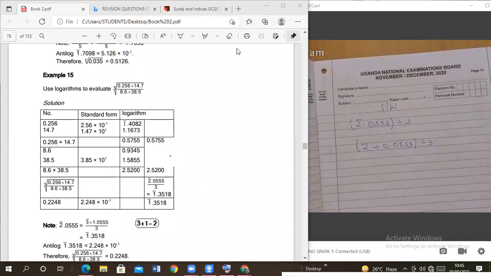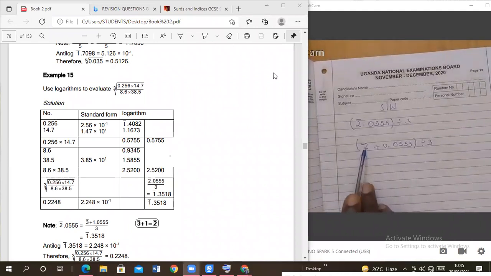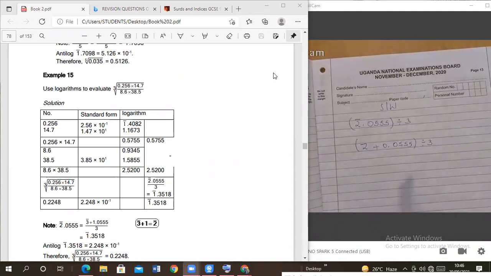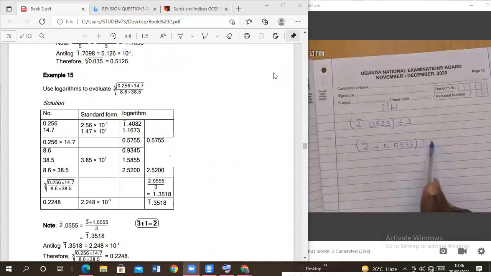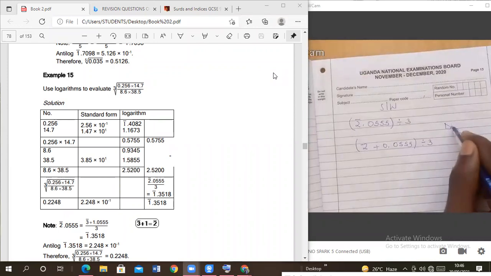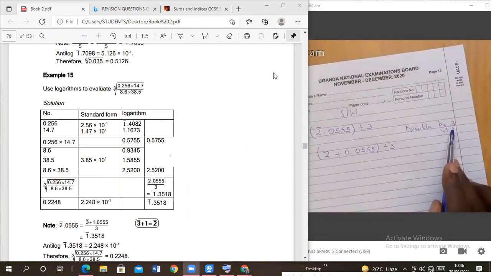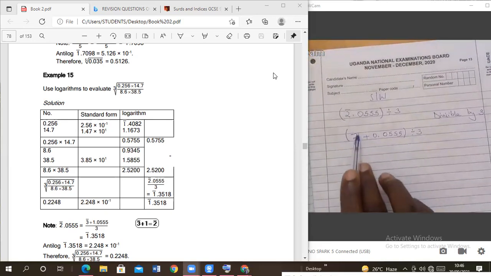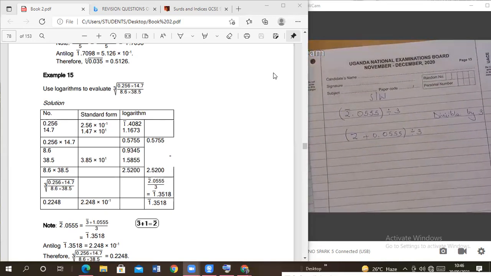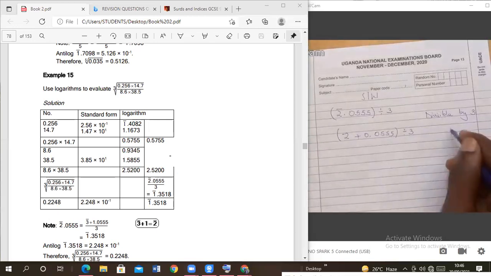Now, members, what we need to do here is think of simplifying this number in such a way that you have a number which is divisible by 3, which does not change this.